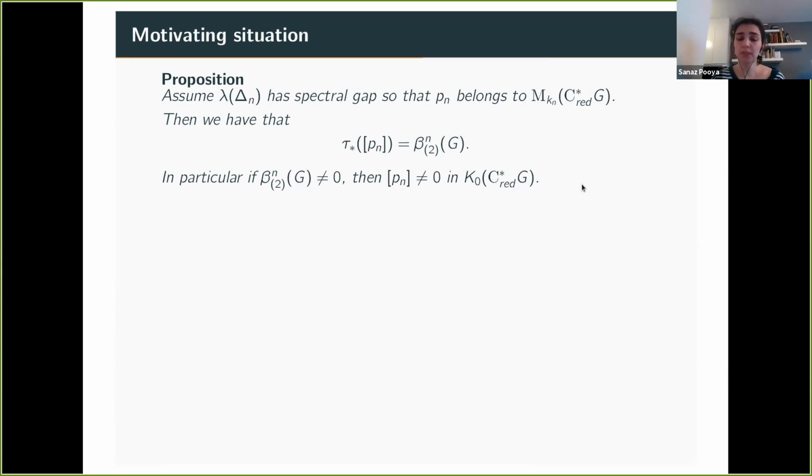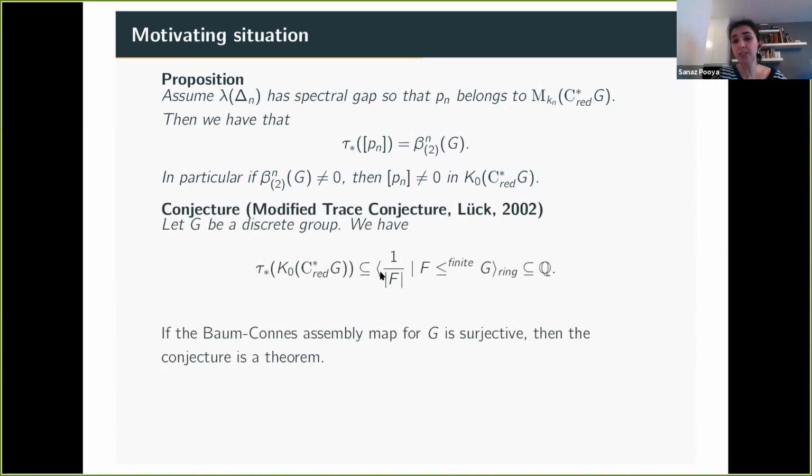So viewing it in this way, in the presence of the values of the canonical trace and Betti numbers, there are two settings where one can actually fit this. One is the trace conjecture, and the other one, as we will see, is the Atiyah conjecture. So let's start with the trace conjecture.